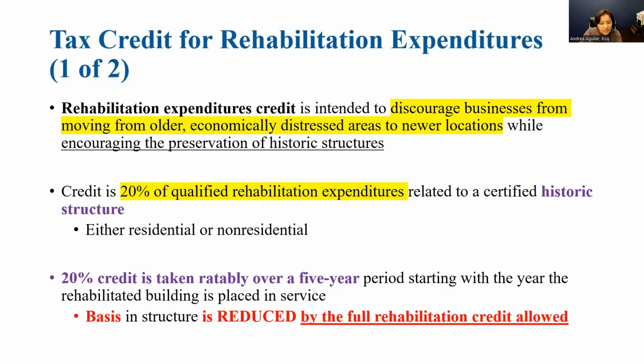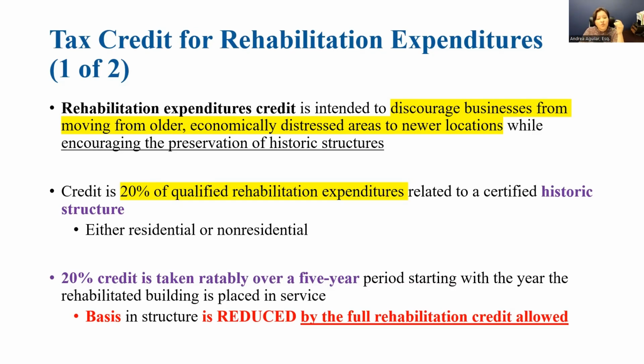The value of the credit is 20% of qualified rehabilitation expenditures related to a certified historic structure. And this type of structure can be either residential or non-residential as long as it is certified, meaning it is registered. They have followed the procedure to have this property certified as a historic structure.